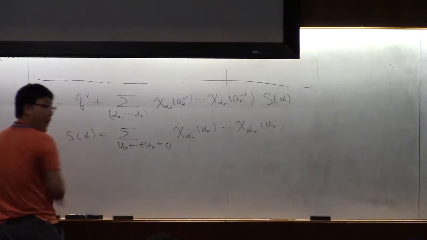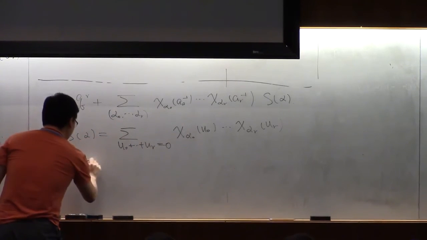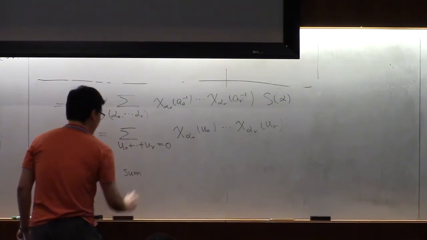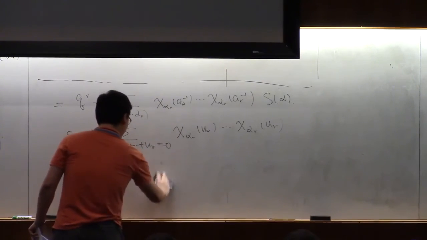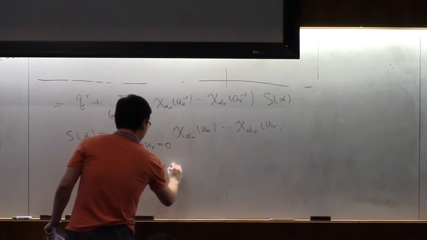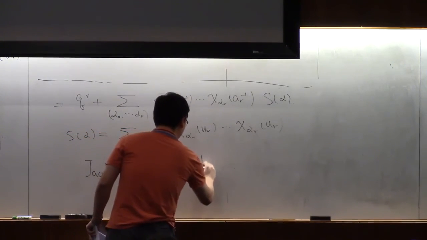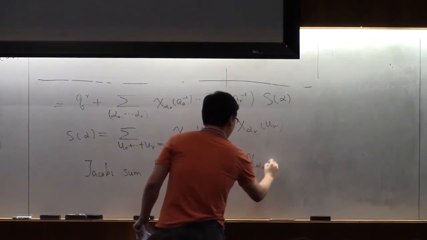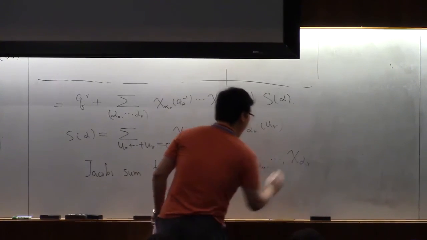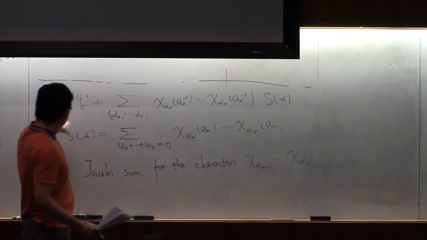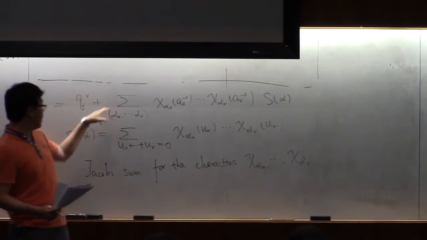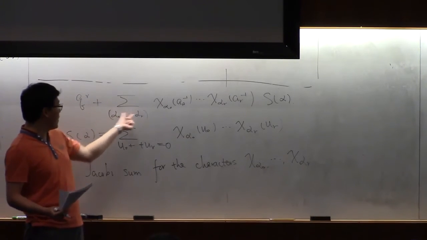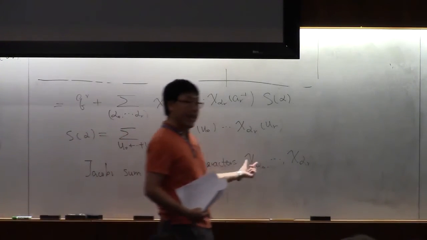And this S alpha, this sum, is called the Jacobi sum for the characters chi alpha 0 to chi alpha r. Because this is a sum which depends on the r plus 1 tuple alpha 0 to alpha r, and we define these alpha's in order to get these characters.